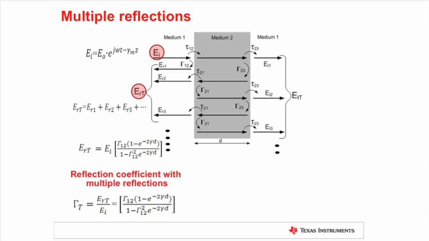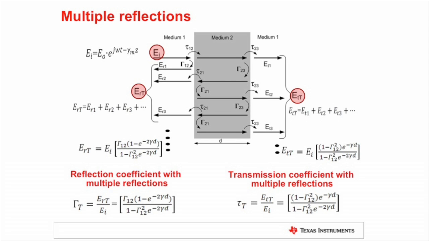Therefore, the reflection coefficient with multiple reflections, which is the ratio of total reflected field to the total incident field, is given by this equation. Similarly, the total transmitted electric field will be the sum of individual transmitted fields and is given by this equation. Here is the transmission coefficient with multiple reflections.